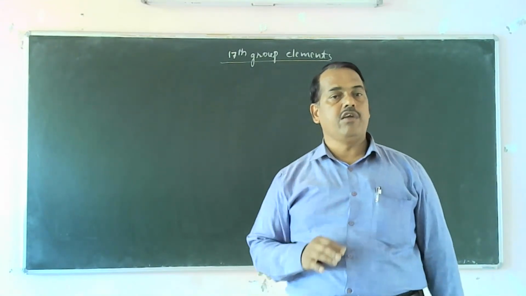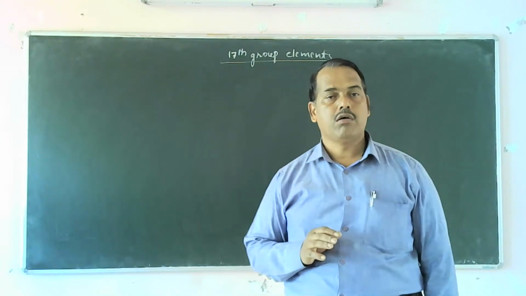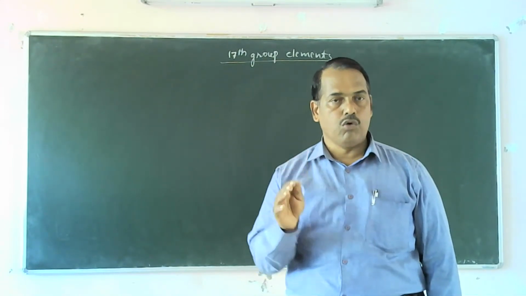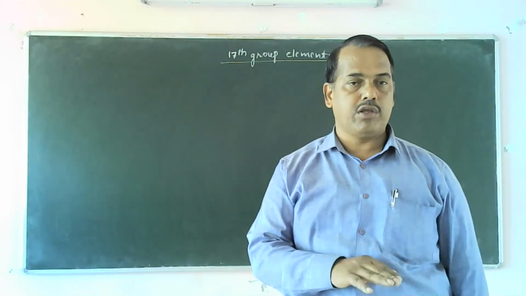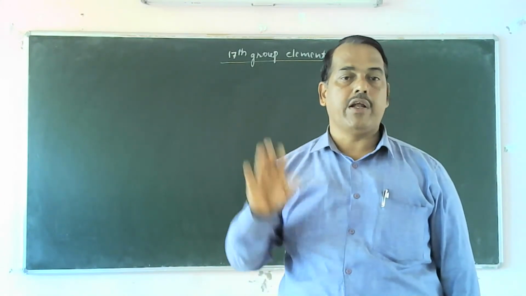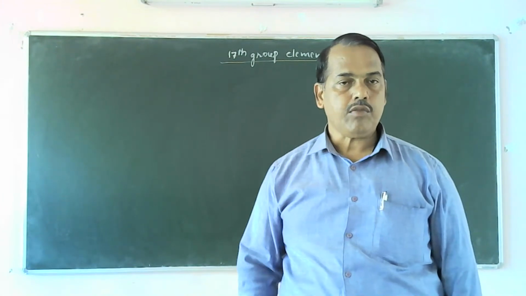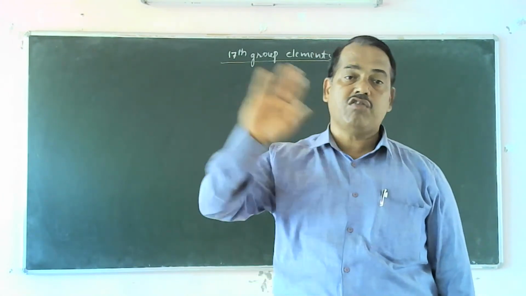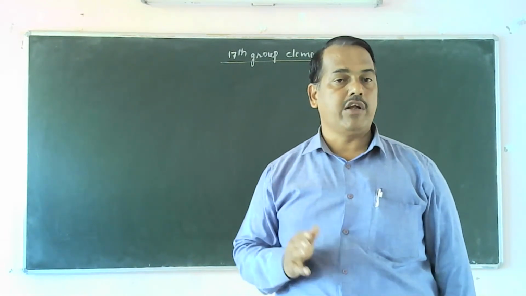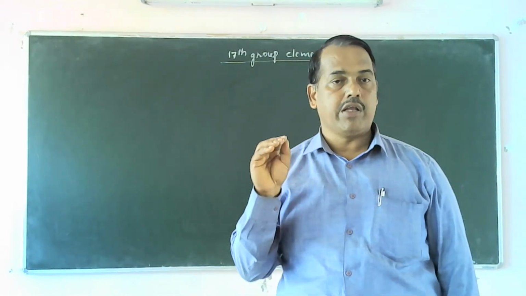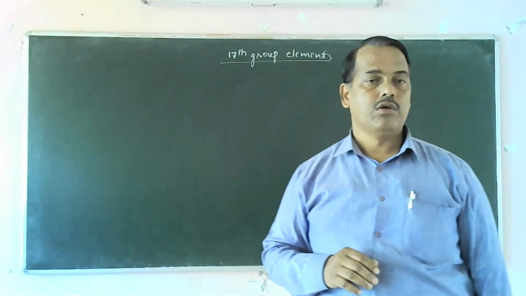Okay. Again, we study its reaction with ammonia. Chlorine reacts with ammonia. With excess of ammonia, you will get ammonium chloride and dinitrogen gas. When ammonia reacts with excess of chlorine gas, we will get NCl3, nitrogen trichloride, which is an explosive.